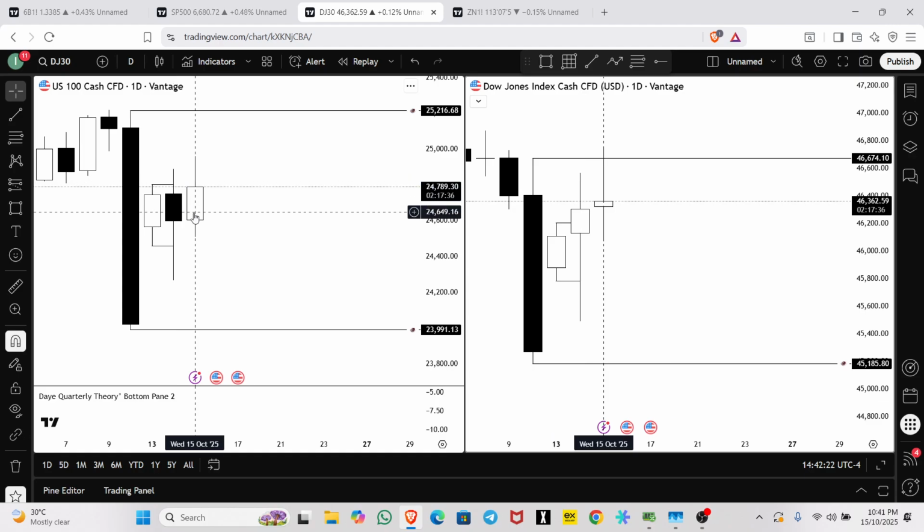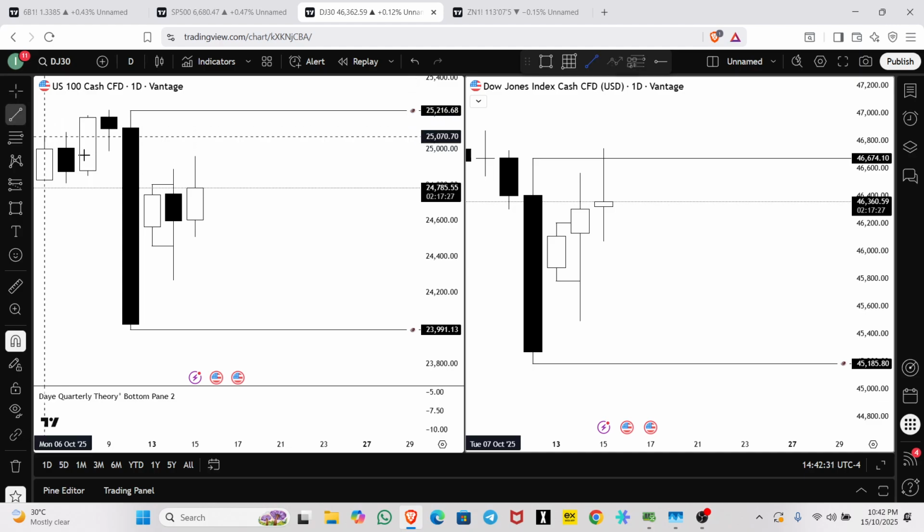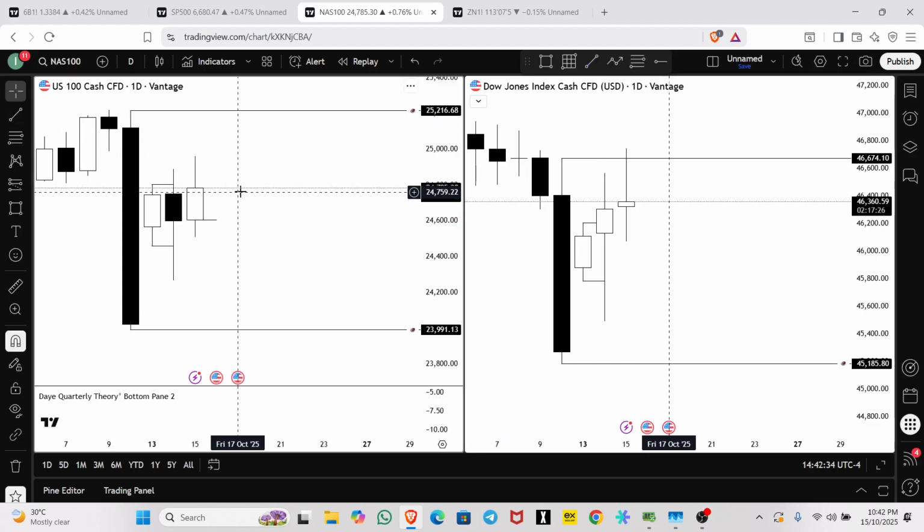But what tips off that the Friday's range will be covered by the Dow instead of the Nasdaq is if you can look at the opening prices.